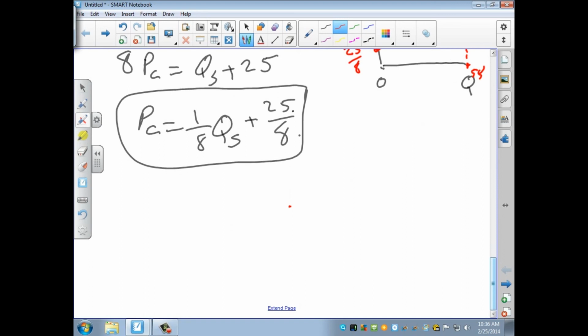Mathematically, what you do is, I'm going to write the two functions. One of them, QD equals, what did we get, 15 minus 2 PC, yes, and the other one, QS equals minus 25 plus 8 PC.